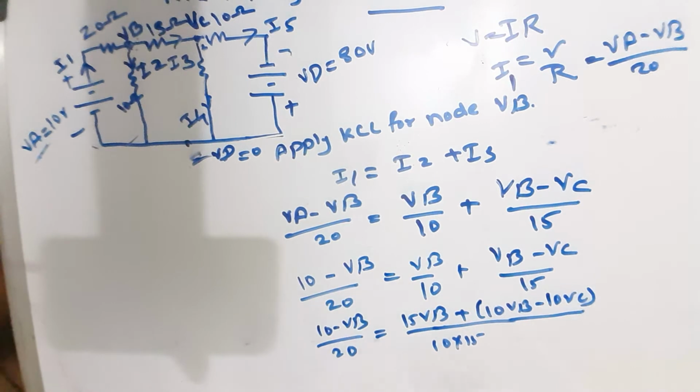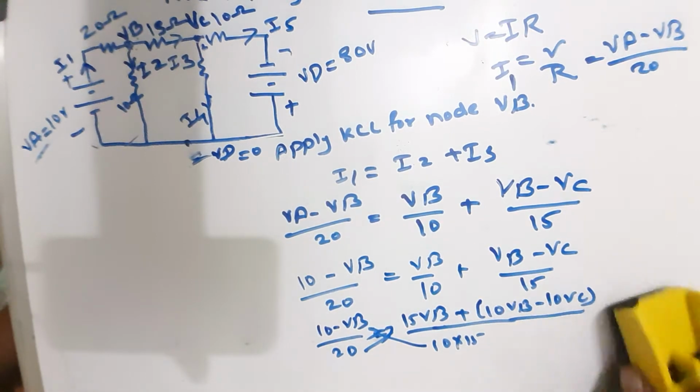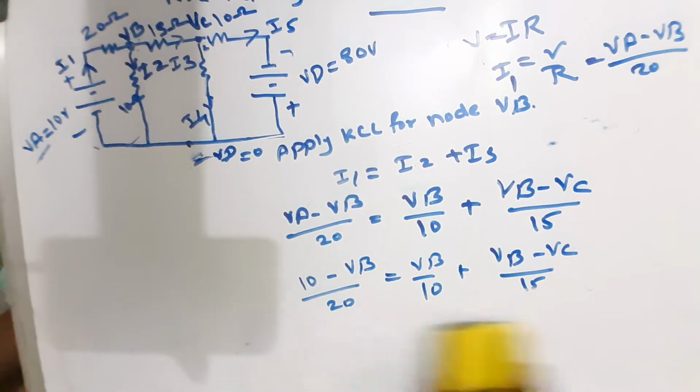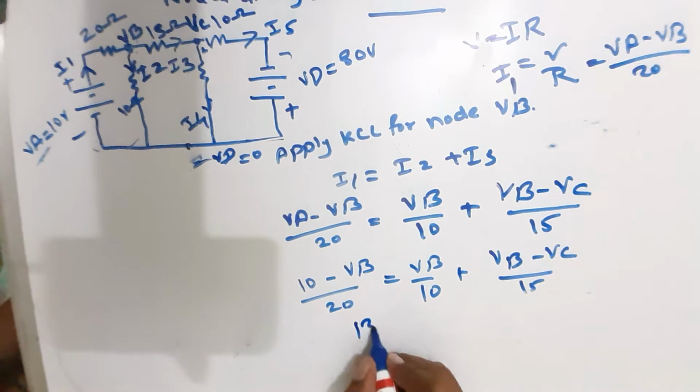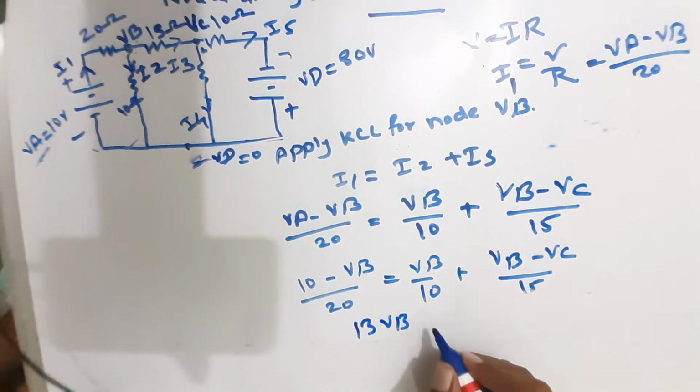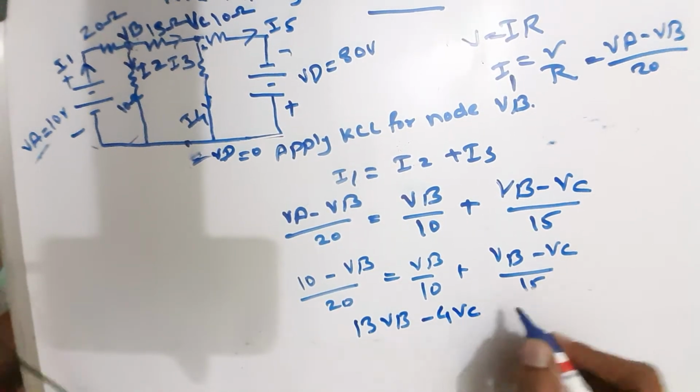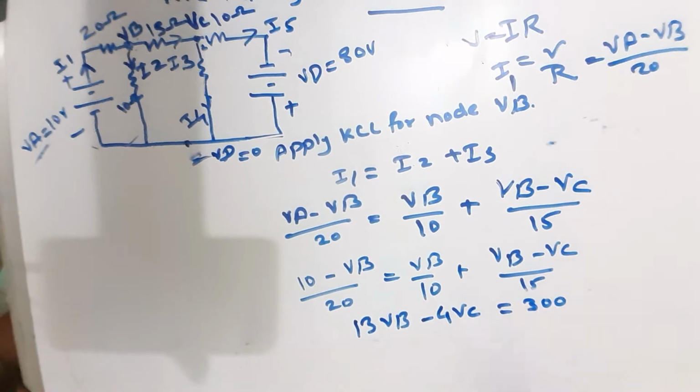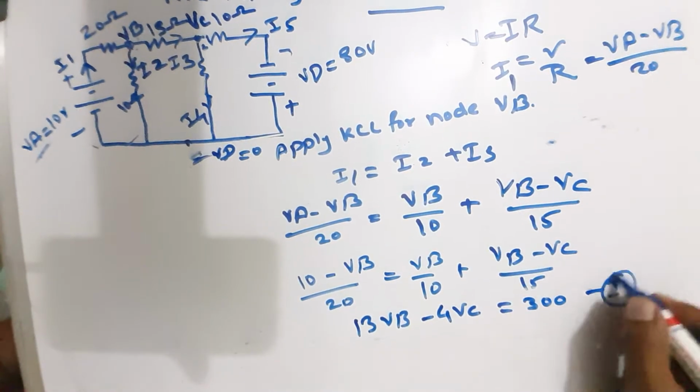Just solve it. After solving, again you will do the cross multiplication. Solving this, you will get 13 VB minus 4 VC equal to 300. So this is the first equation.